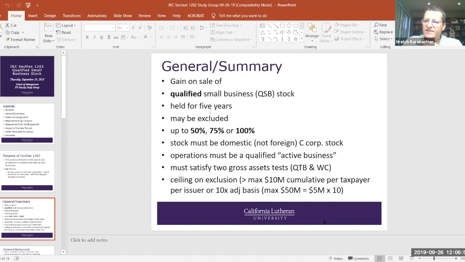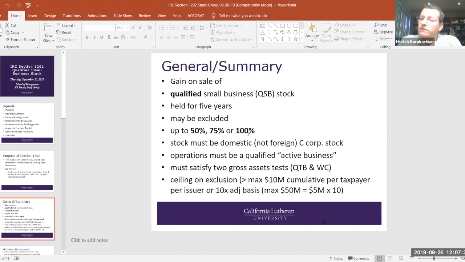And the exclusion amount currently is at 100%, so the entire gain is excluded. But earlier, when the provision came about, only 50% of the gain was excluded. And I'll get into the periods of time where the exclusion was up to 50% only, and then it went up to 75% for a short period of time. And then since 2010, it's at 100%.